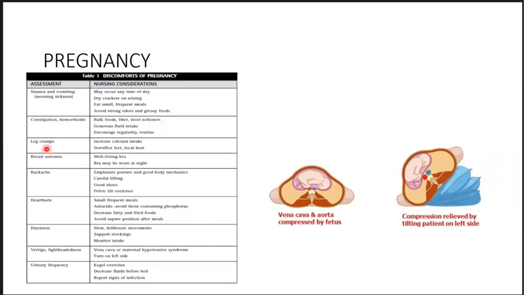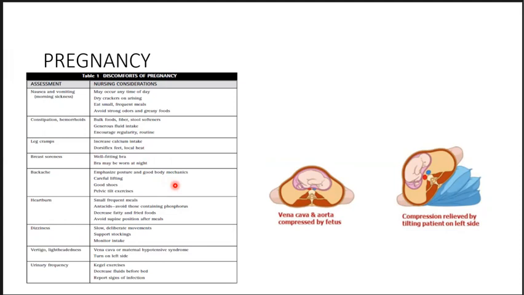Leg cramps is also another discomfort of pregnancy. You want to dorsiflex the feet, apply local heat, also increase her calcium intake. So for breast soreness, you need to advise the client to wear a well-fitting bra, and also she can wear this bra at night for comfort. With backache, you want to emphasize posture and good body mechanics, careful lifting of objects. Don't wear high-heeled shoes.